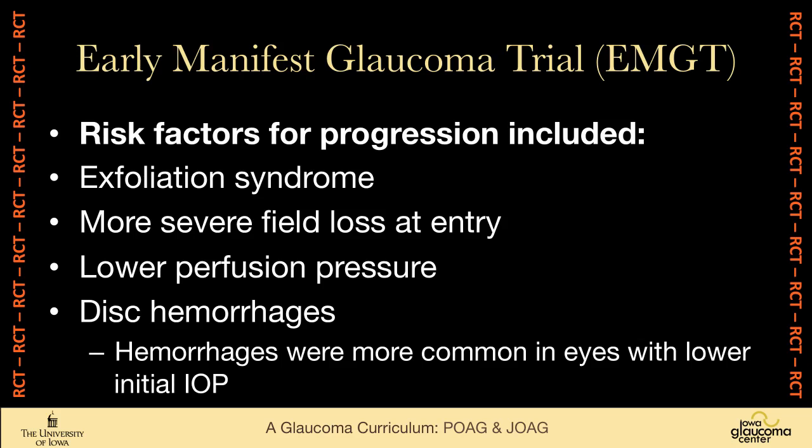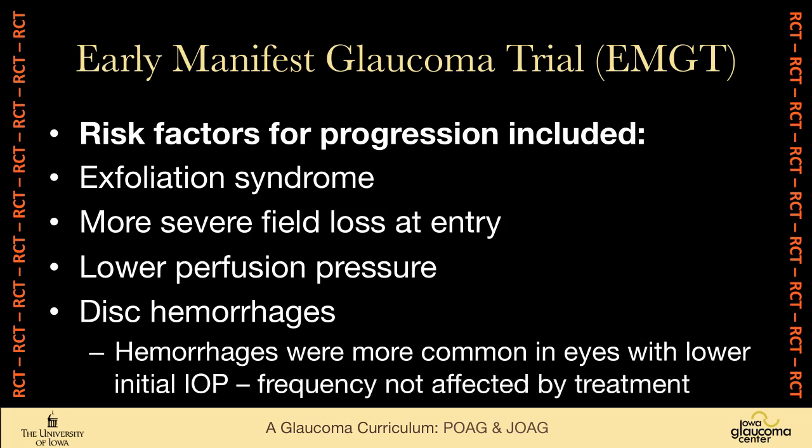And interestingly, in this study, not only were hemorrhages more common in eyes with lower pressure, we know that in, quote, normal tension, end quote, glaucoma, hemorrhages are more common, but the frequency of hemorrhages was not affected by lowering the intraocular pressure.